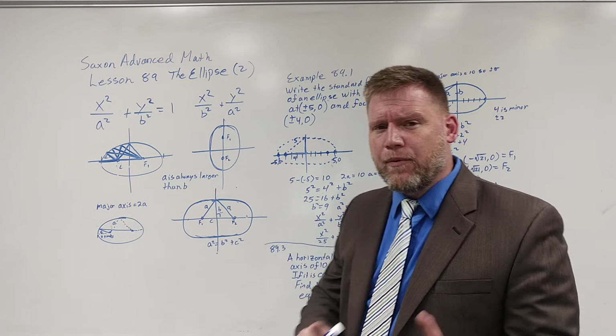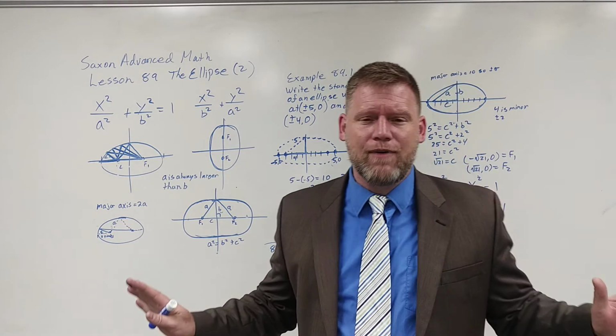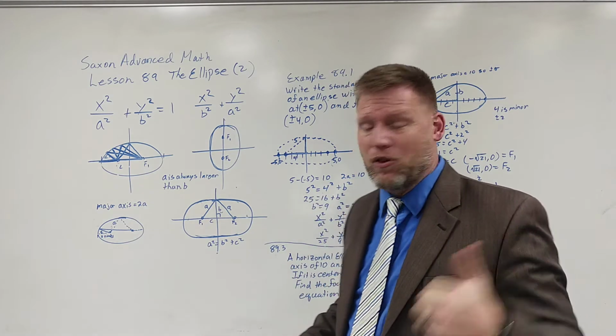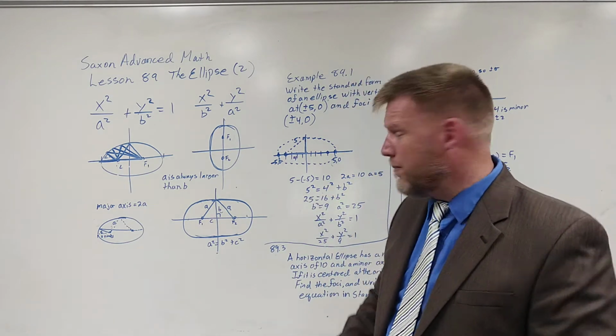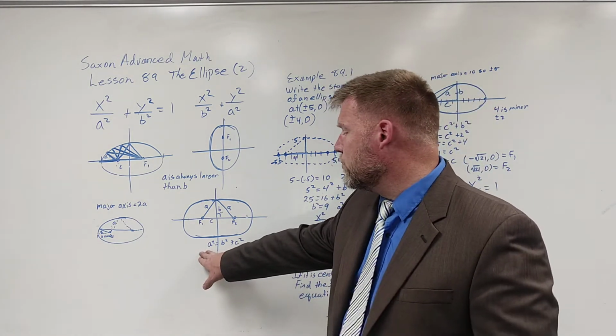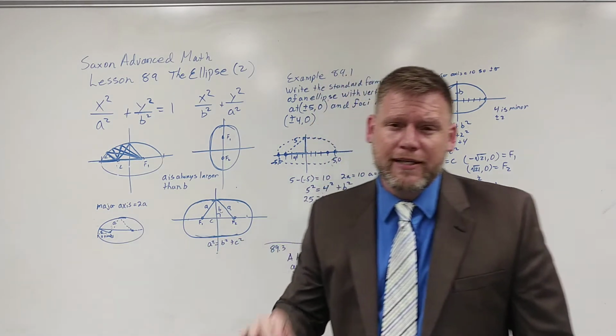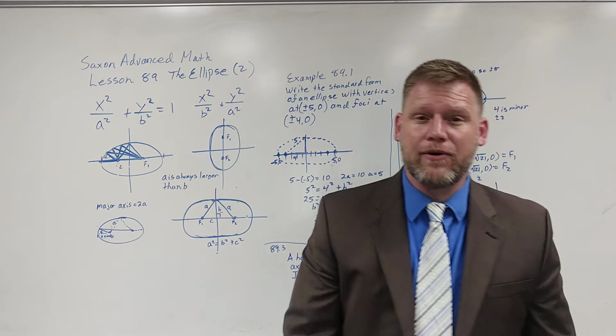If I relabel them A, B, and C, it doesn't matter which letter I use. I just remember the hypotenuse has to be the longest side, and it has to be the side by itself. I can come up with a squared equals b squared plus c squared, and I realize that's using the Pythagorean theorem, just not with the usual letters.